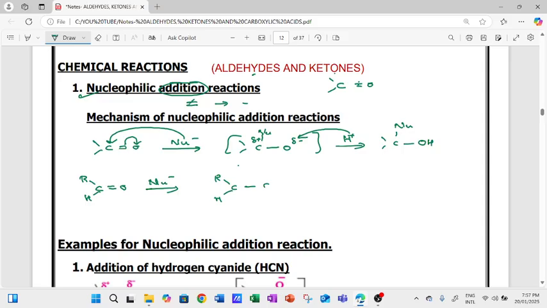The proton is added to the oxygen atom so that it changes to R, C, H, OH, and here the carbon with the nucleophile. If it is a ketone, this H is replaced by another alkyl group. That's the only difference. So this is a reaction which can be answered by both aldehydes and ketones. This is how we write the general mechanism of nucleophilic addition reaction.